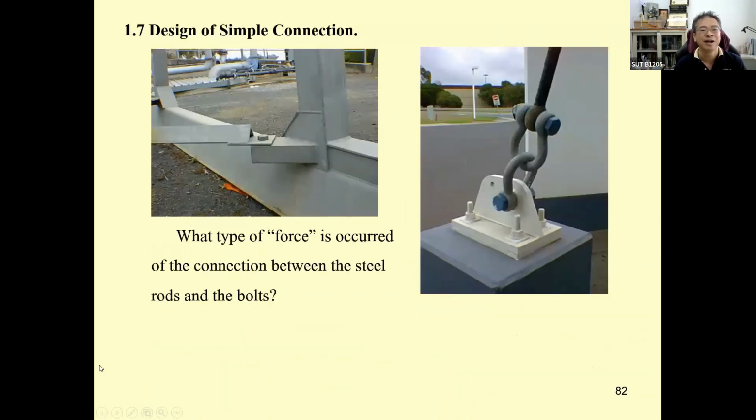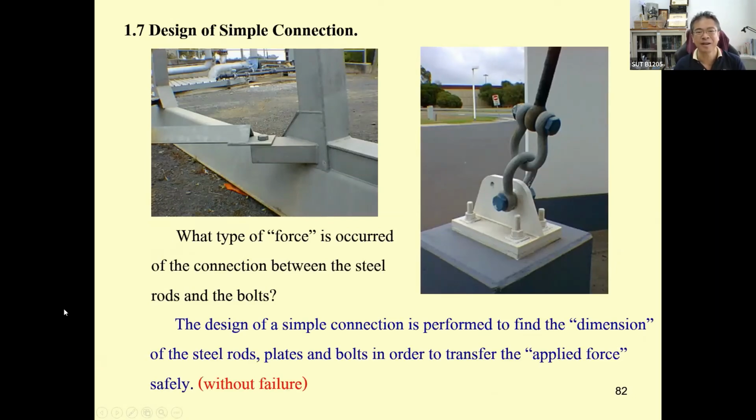Okay, your future. So we touch on the design of connections and simple structures. The bolt, this one is in single shear. The bolt, this one with 2 is in double shear. What type of force occurs on the connection between the steel and the rod?